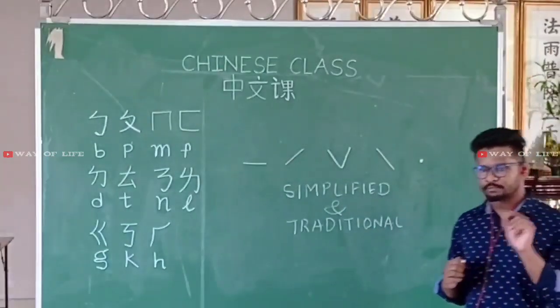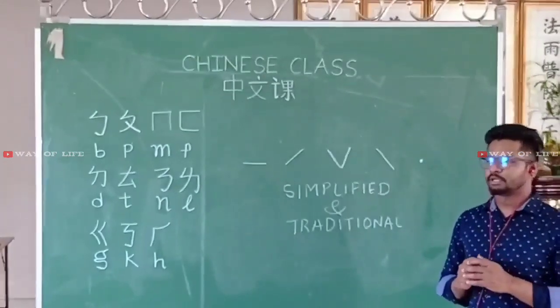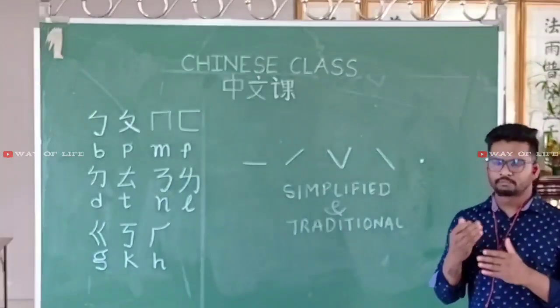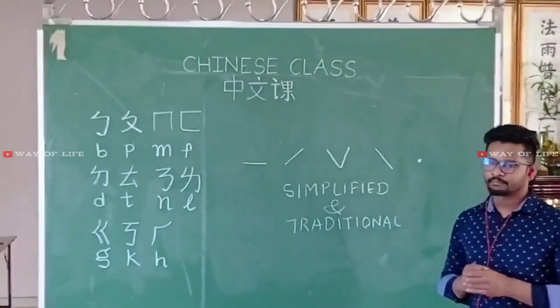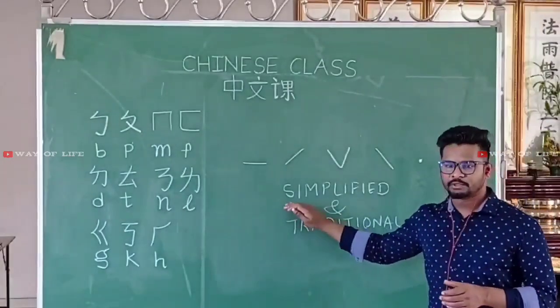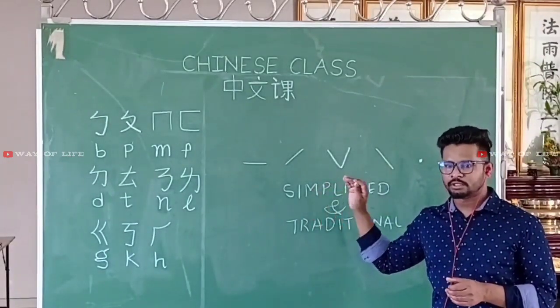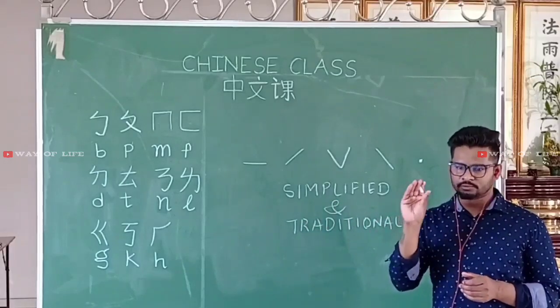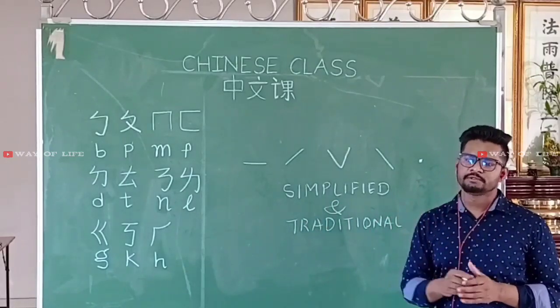So there are two scripts, but the pronunciation is the same. What we speak is the same, but just like the Persian, Urdu and Arabic scripts, they look similar with just a little differences.